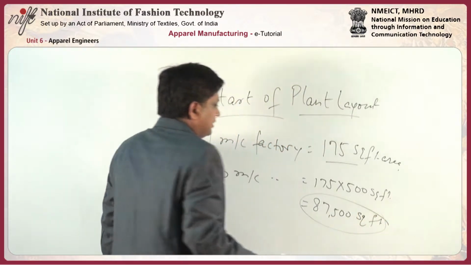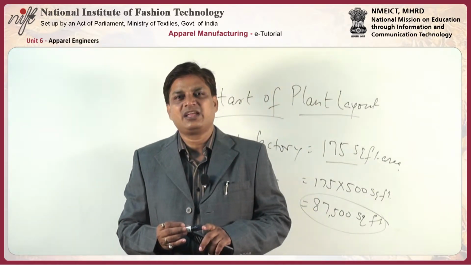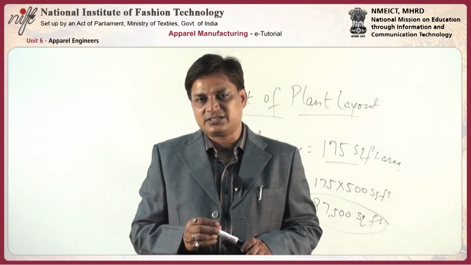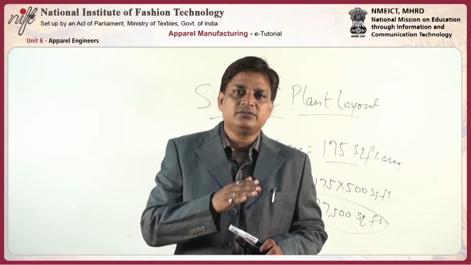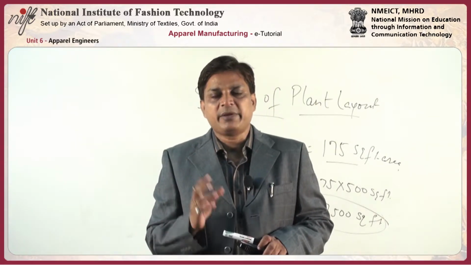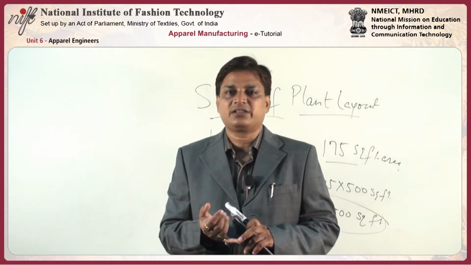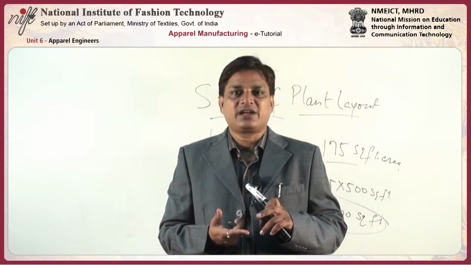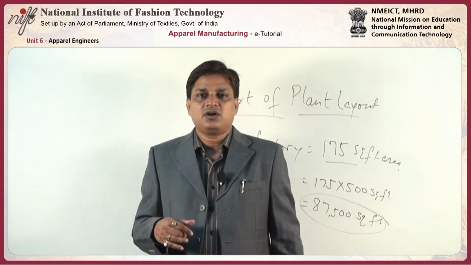So roughly, to start off a layout, this is not hard and fast, 175 square feet per machine. This is not hard and fast that it requires only 175. It can be reduced, and it can be increased also. Maybe the factory has a sampling department inside, the factory has washing, the factory has an ETP, a canteen, a crèche.